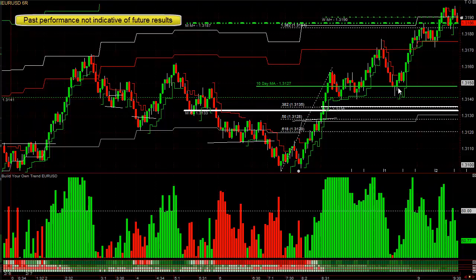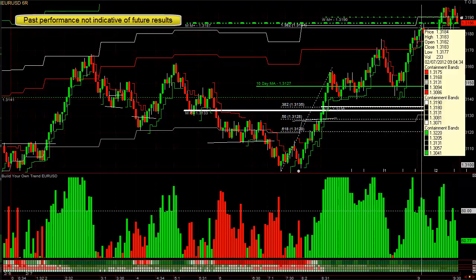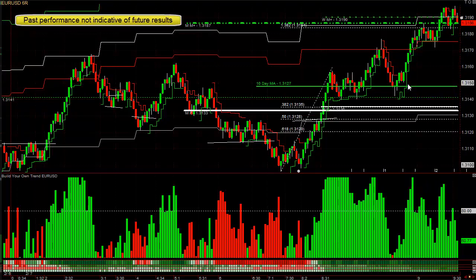I'm risking 12 pips, and you can see you already had the Fibonacci profit target of the previous move. We have the upper containment band, which most of the time is the end of the move. And I would have just got out of this trade here at about 84. That's a 34 pip win while risking 6 pips, which is what the number of pips per bar is, plus 1 or 2 pips padding.